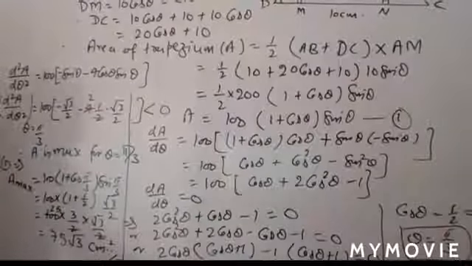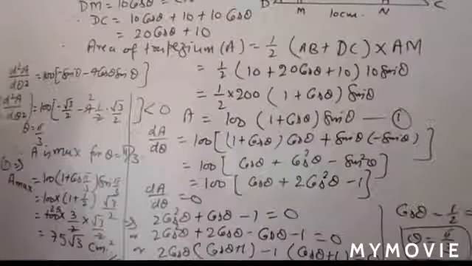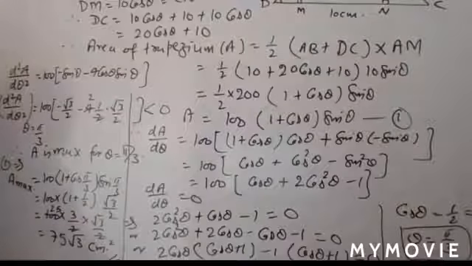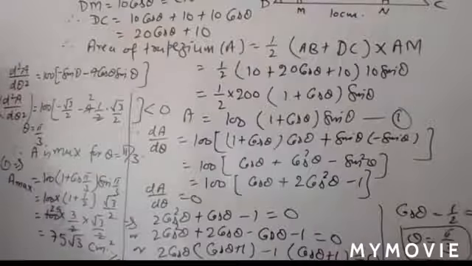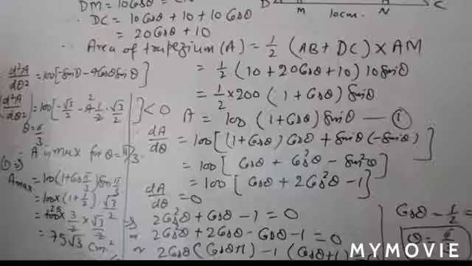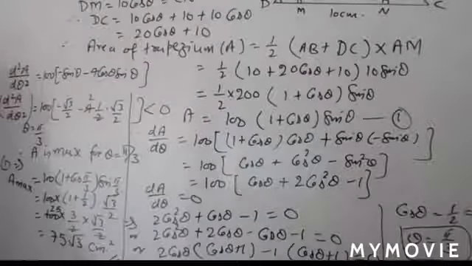Okay. Right, next question. Find the shortest distance between the line y minus x is equal to 1 and the curve x is equal to y square.